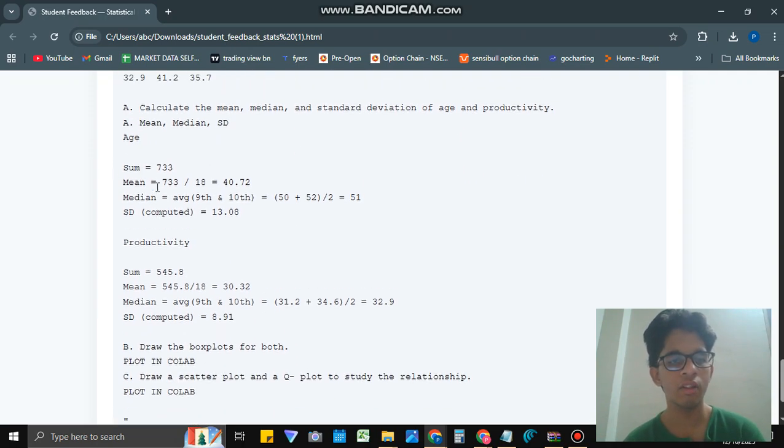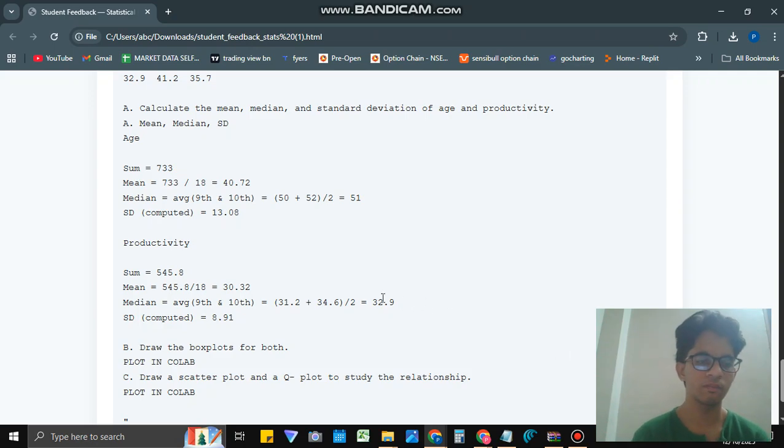Coming on to the standard deviation, it is the square root of the summation of x minus x bar whole squared, divided by n.